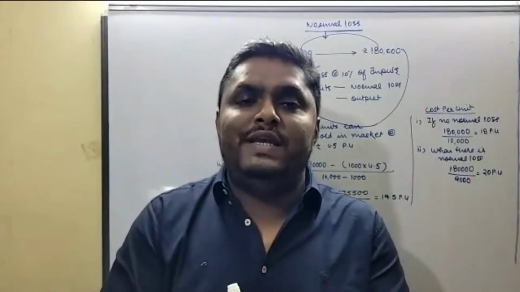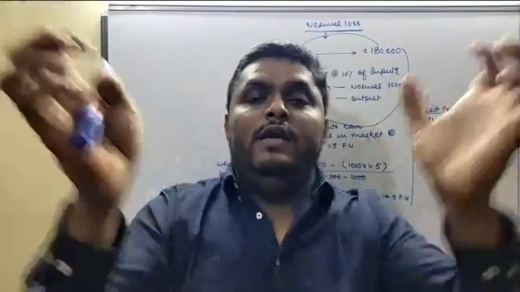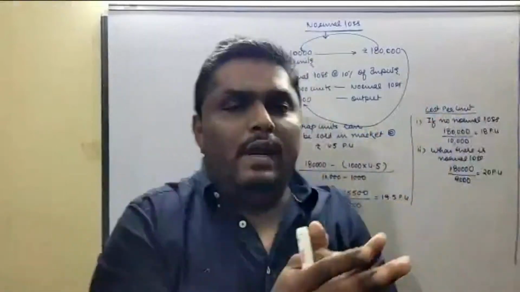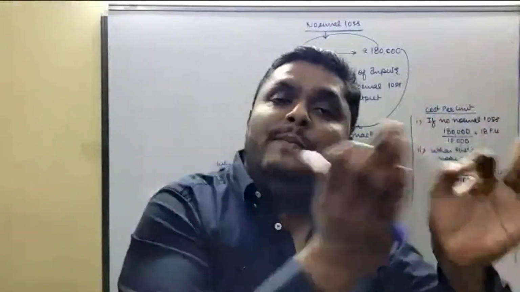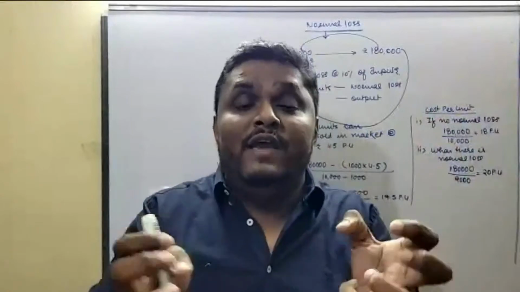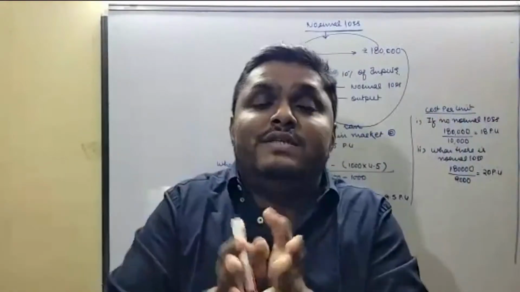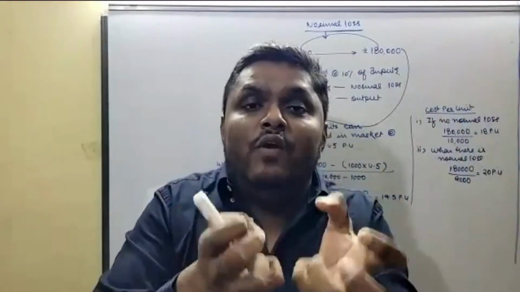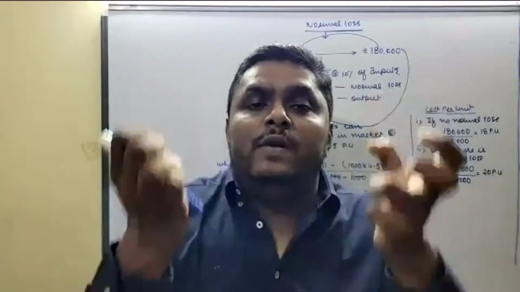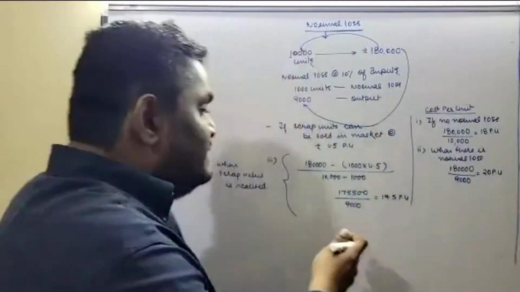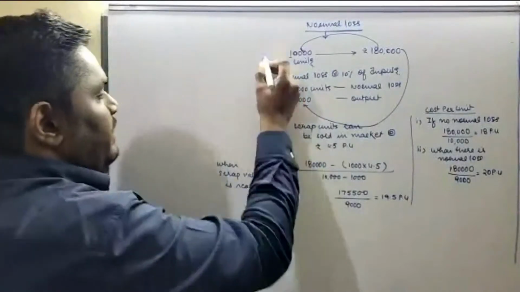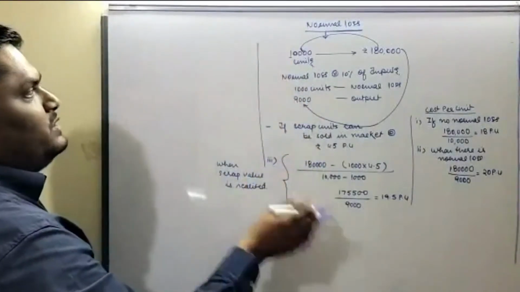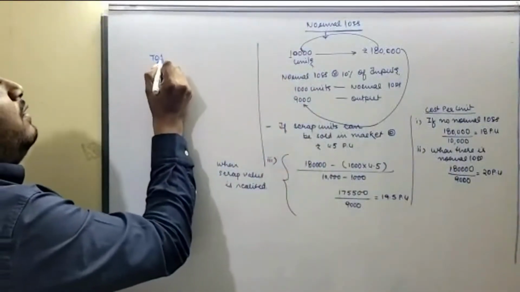So what I want to say is, if there is a normal loss in units, then it will be compensated by good units. If any scrap value is realized on the sale of normal loss units, then whatever the scrap value realized will be reduced from the total cost. This is how the cost per unit will be calculated. So when talking about the calculation of cost per unit, very simple.